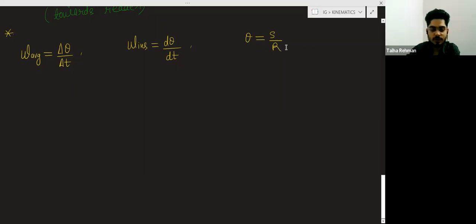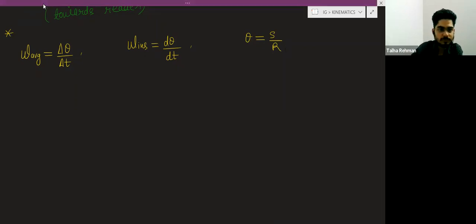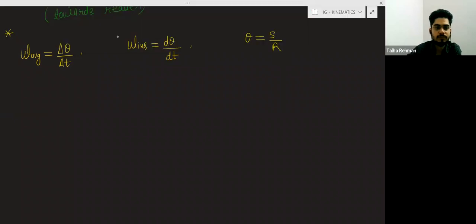Okay, so now we will solve one question. Here angular displacement theta is changing with time as 2t square plus 2. This is given.